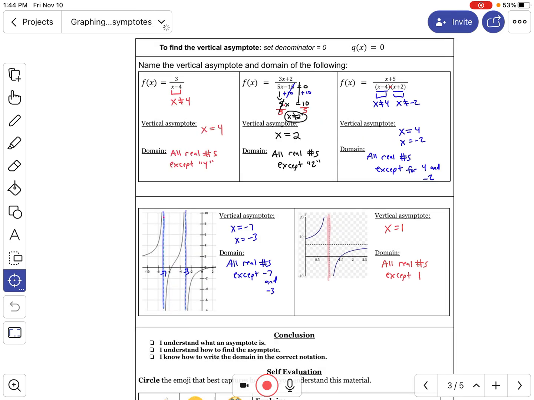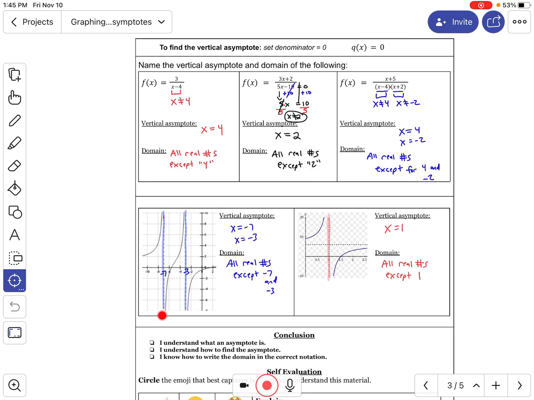Looking at each of these examples, what makes this denominator 0 would be 4, because 4 minus 4 is 0, and that would be our vertical asymptote. And so our domain would be all real numbers except for 4.